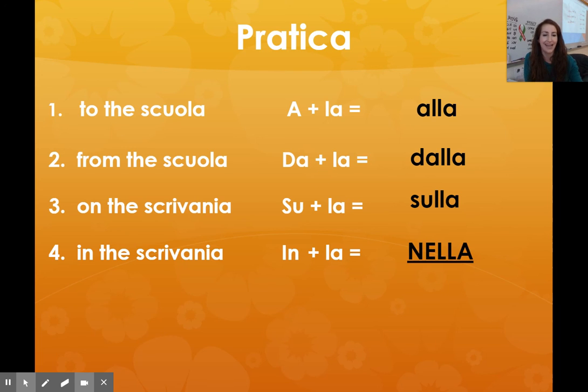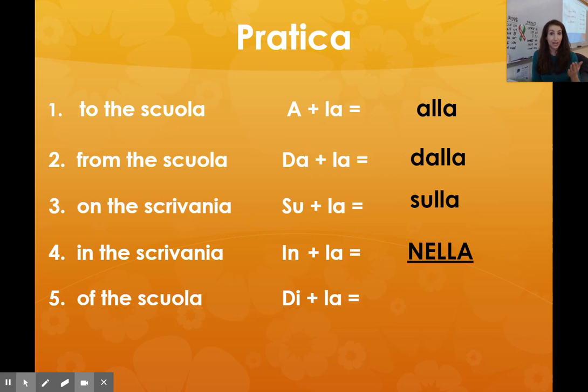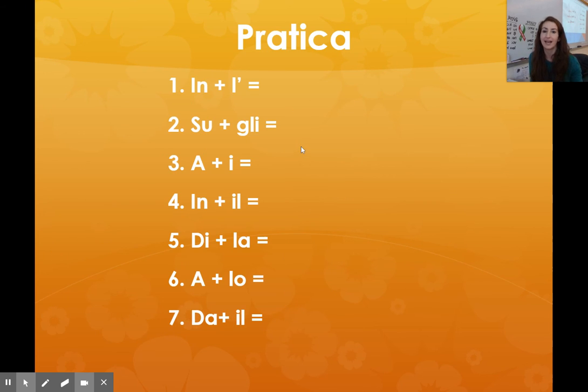Pratica, last one on the slide. Of the scuola. Di and la, again, this changes. Della, using the chart. Okay. Now here's a little bit more pratica. I helped you out a little bit. What do we have for in l'apostrofo?